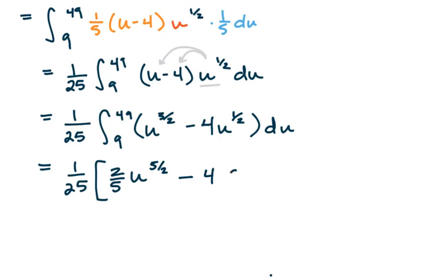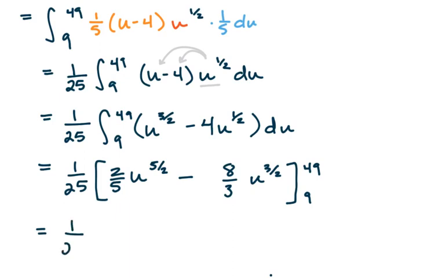So that would be times 2/3 u to the 3/2. And all of this is going to be evaluated between 9 and 49. So 4 times 2/3, that's actually 8/3. I'm going to simplify that in here and just go ahead and write 8/3.